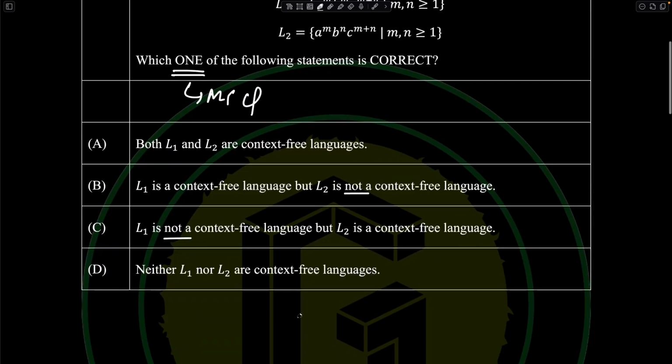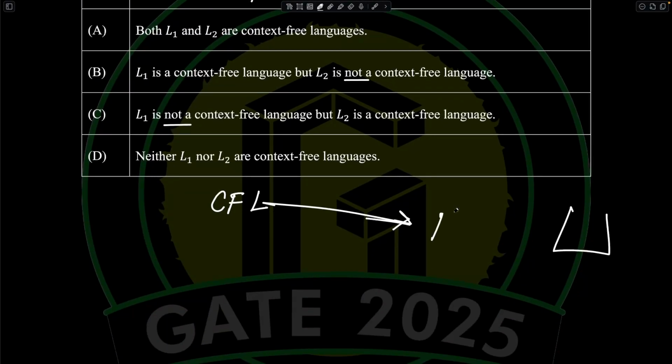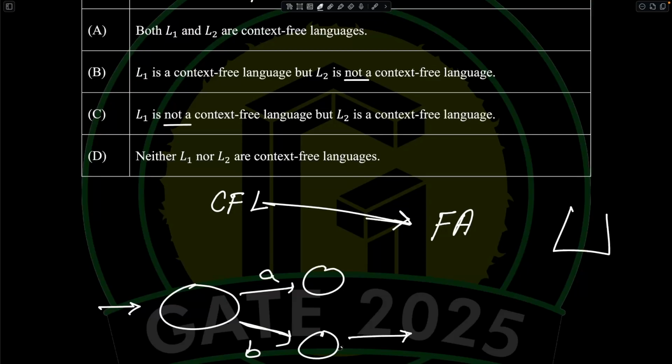So the options are basically testing what a context free language is. Context free languages are nothing but your regular language generation mechanism plus a stack. Regular languages are generated by finite automata, state changing machines where transitions are defined by a set of alphabet, and these machines accept your strings.